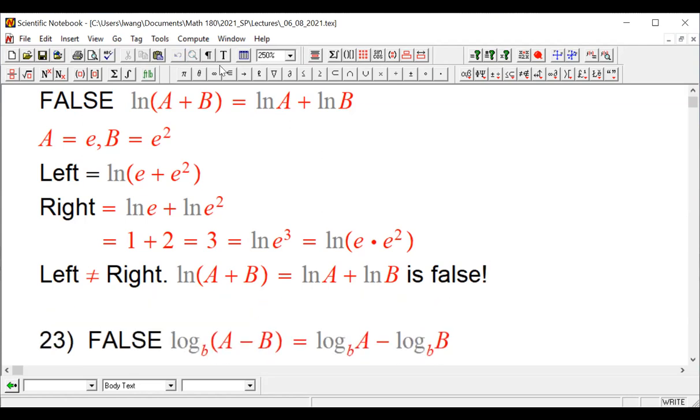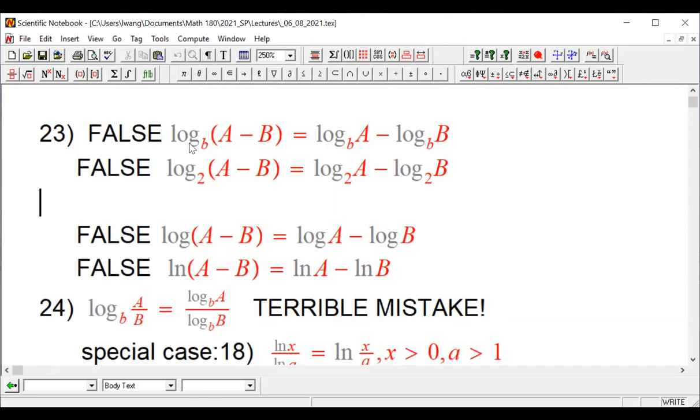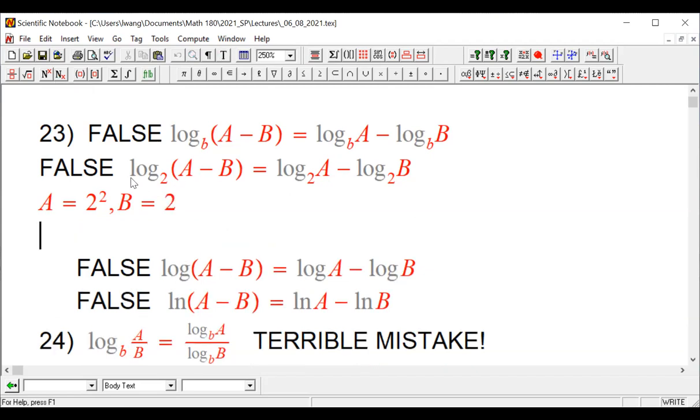All the examples we have applied for a plus, you can get similar examples on subtraction. Of course, at that time, you need to make sure A minus B is also larger than 0. So for a counter example, you may choose capital A equals 2 squared, and capital B equals 2.